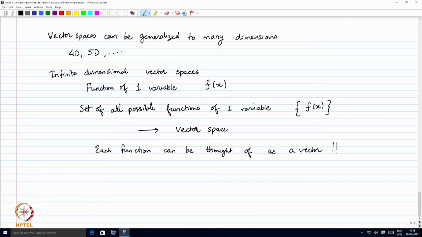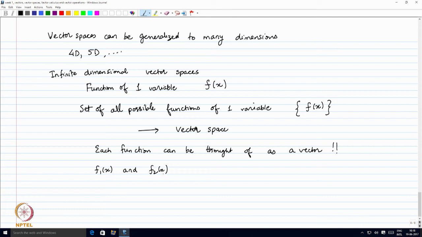This is a very important idea, and it is actually central to all of quantum mechanics. Okay. Now, each function can be thought of as a vector. Okay. Now, you can ask something else, suppose you had f1 of x and f2 of x.